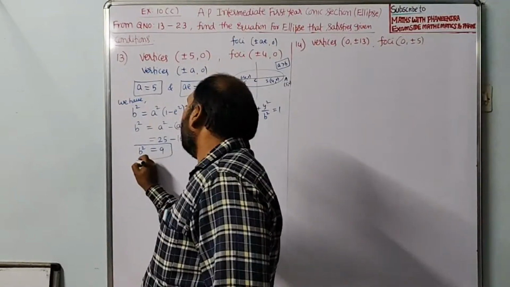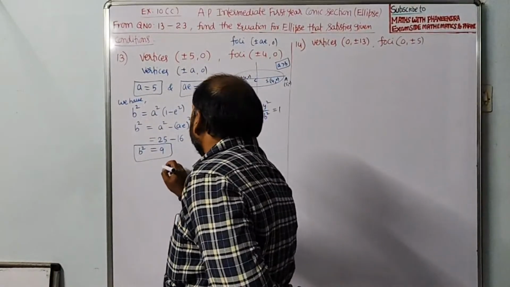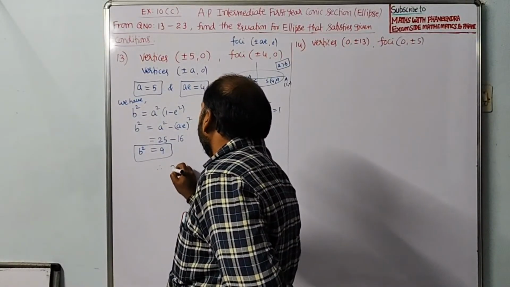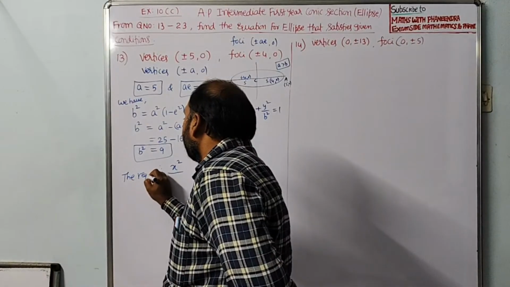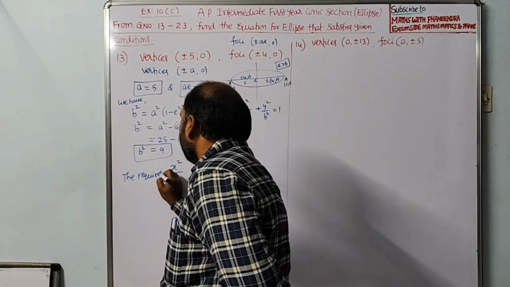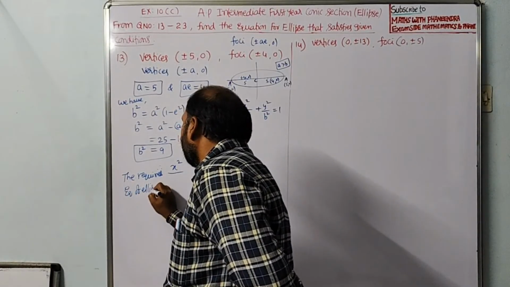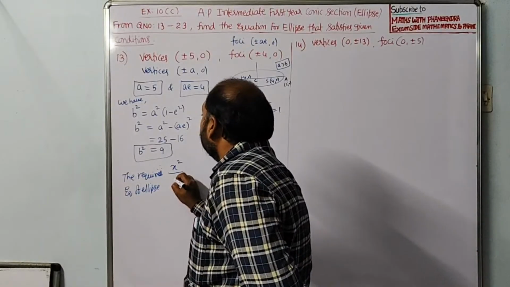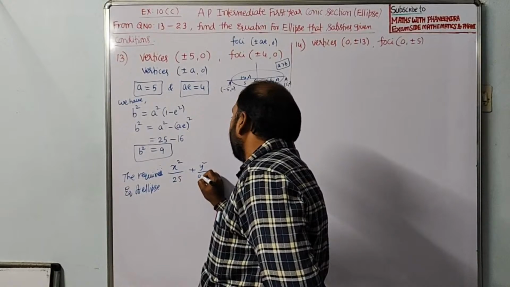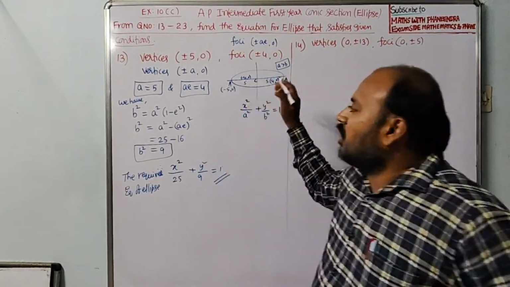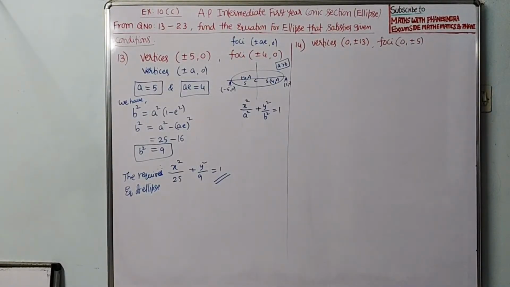So b square value is 9. a value 5 means a square value is 25. Therefore, the required equation of ellipse is x square by 25 plus y square by 9 equal to 1. So according to the data, your answer is this one, dear students.